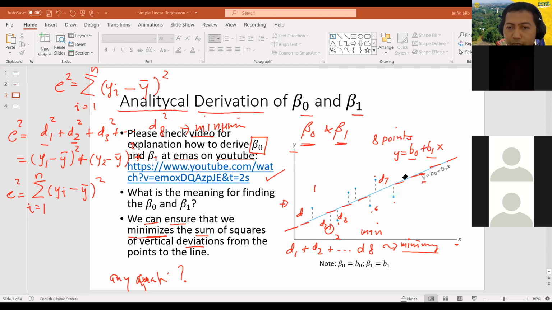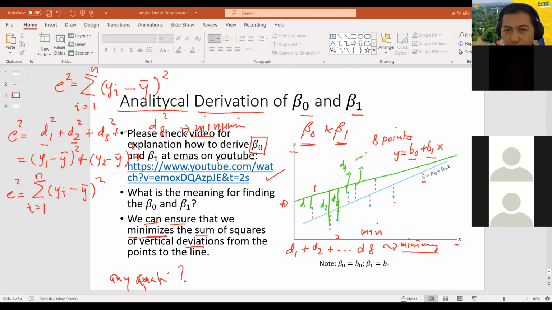Ini saya hapus ya sebentar. Kalau saya punya garis hijau, misal garis hijaunya di sini, ini jarak ke sini, ini D1. Ini D2. Ini D3. Ini D4.